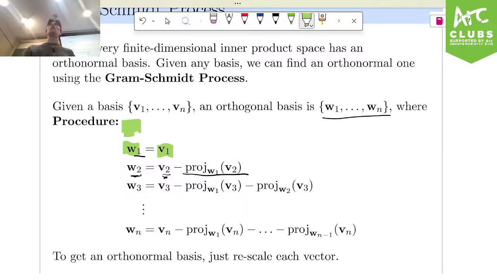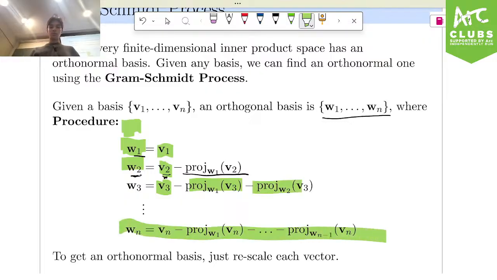Well, there are no w's before w1, so you don't have to subtract anything. As for v2, you need to subtract its projection onto all the w's that came before, which in this case is just w1, right? And for v3, you need to subtract its projection onto all the w's that came before, which is w1 and w2, right? And that's why we subtract two things. And you repeat this up until wn.